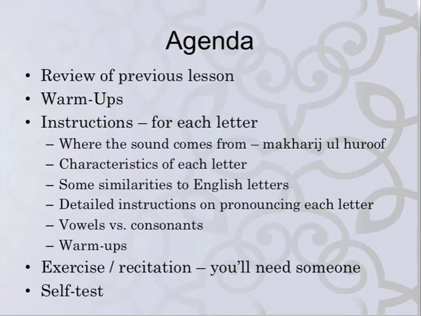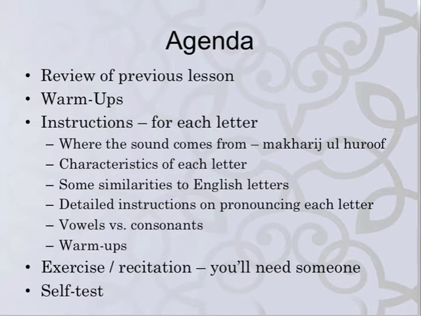On the agenda today, first we're going to do a quick review of everything we learned in the previous lesson. Then I'm going to ask you to do your warm-ups. Then for each letter, just like in the previous lesson, I'm going to tell you where the sound comes from, the Makharij-ul-Huroof, and the characteristics of each letter.